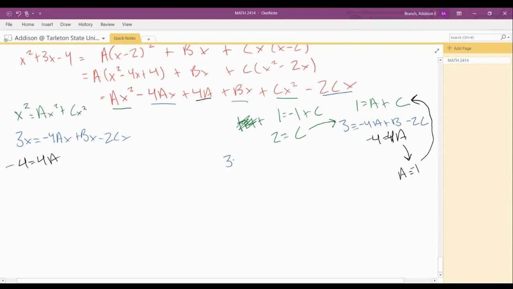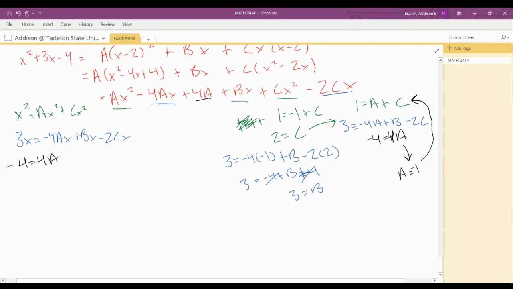We know that 3 is equal to -4 times our -1 plus b minus 2 times 2. So 3 is equal to 4 plus b minus 4. These cancel out. 3 equals b.